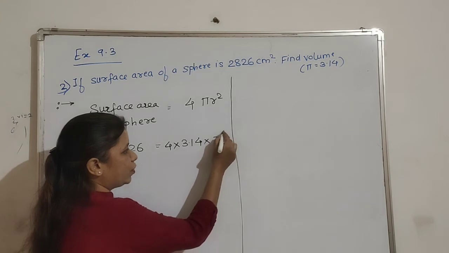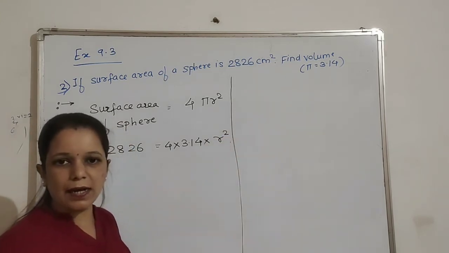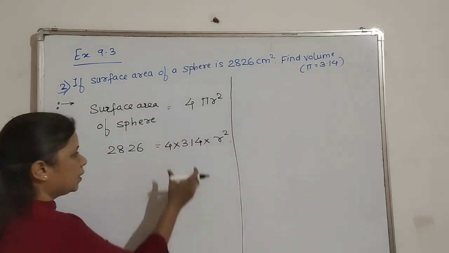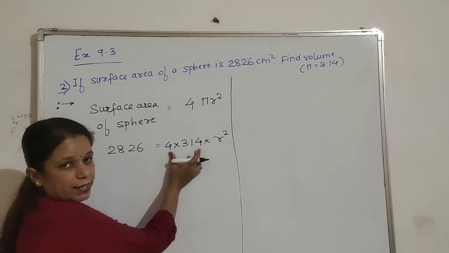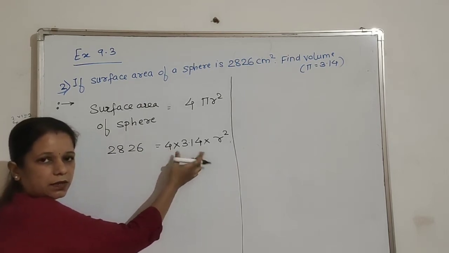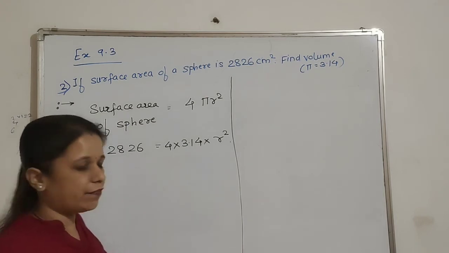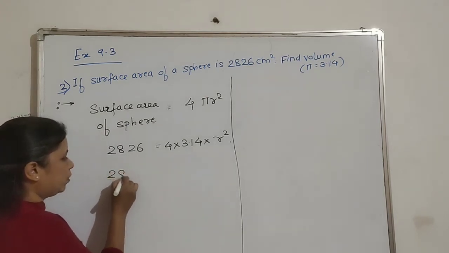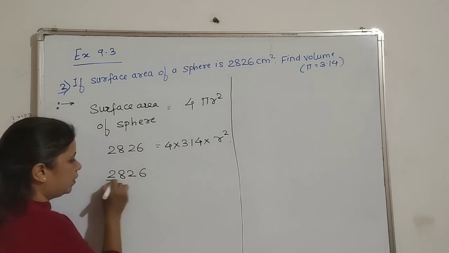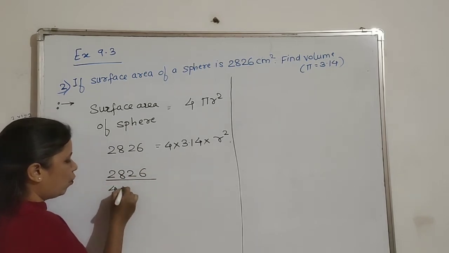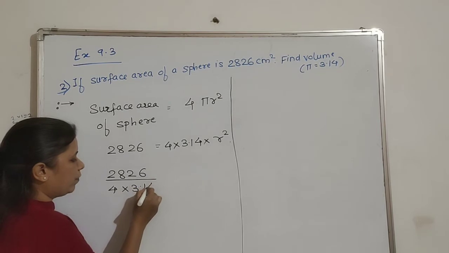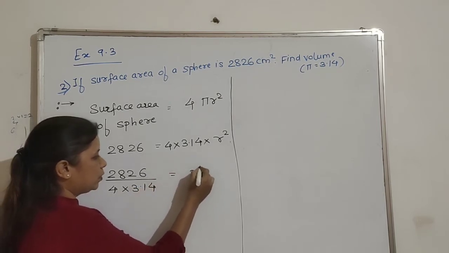We don't know the value for radius, so we will keep r as it is. Now these two quantities are multiplied here, then they go on the other side, that is left hand side, it will be divided. So 2826 divided by 4 into 3.14 is equal to r square.